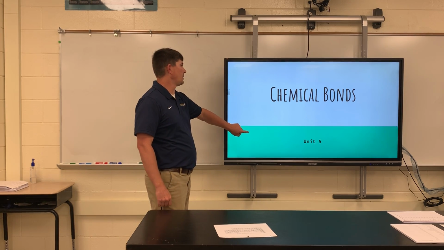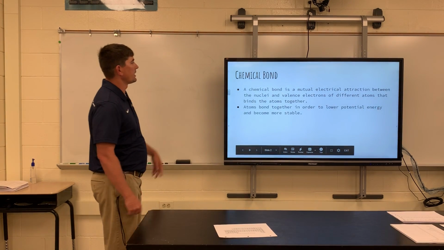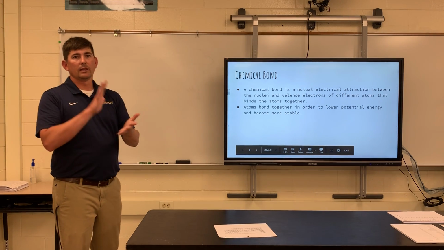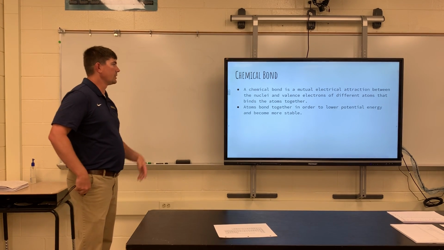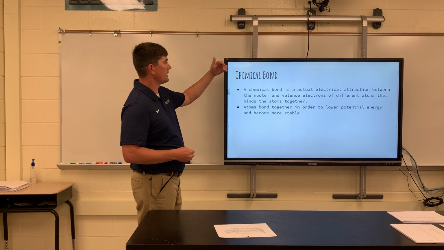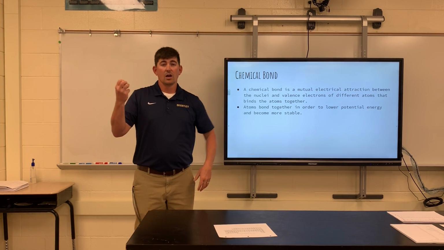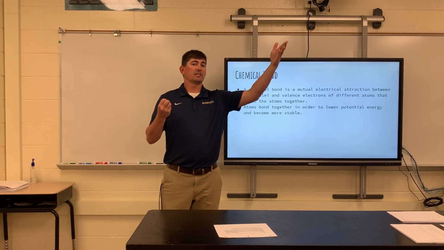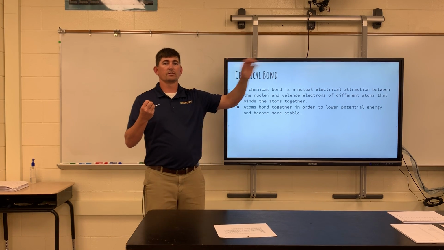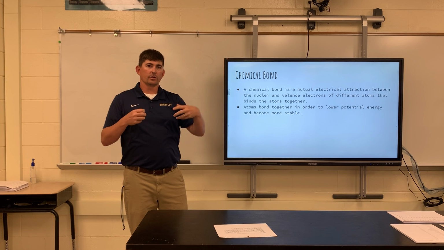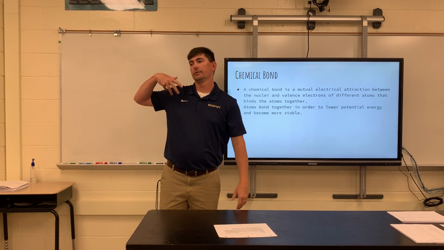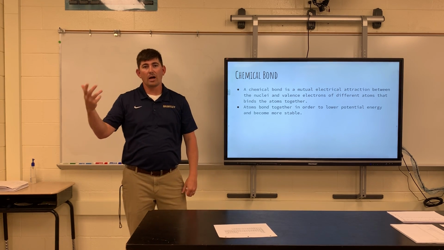So, all right, chemical bonds. A chemical bond is a mutual electrical attraction between the nuclei and the valence electrons of different atoms that binds the atoms together. So it's the nucleus of one atom and the valence electrons, those outer shell electrons, of another atom that are attracted to each other. The electrons are negatively charged, the nuclei are positively charged.